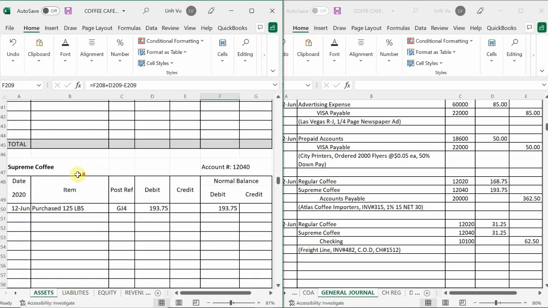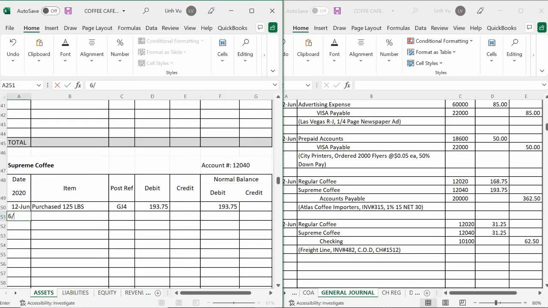I also have to do the same thing to my Supreme coffee. I have to place in my shipping costs here too, for $31.25. Same formula.